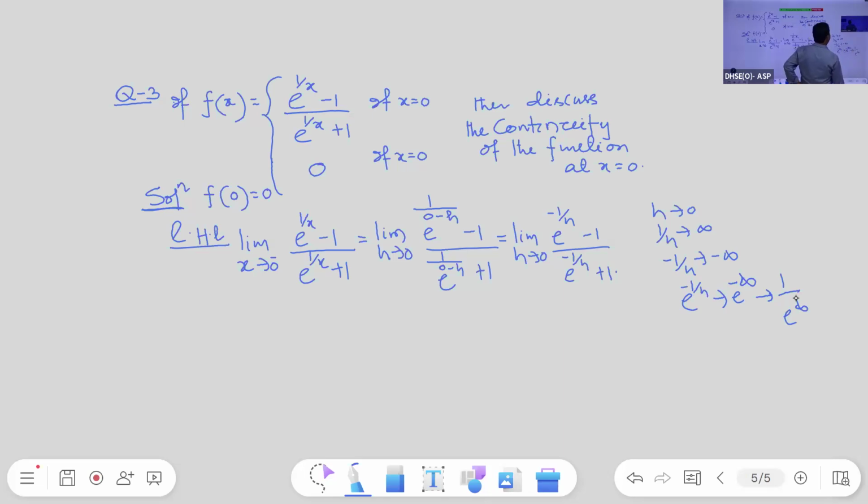You know, the value of e is 2.71828. Okay. So e to the power infinity is infinity. It is a very, very large quantity. 1 upon a very, very large quantity is 0. So when h approaches 0, e raised to the power minus 1 upon h approaches 0. So this limit will be 0 minus 1 upon 0 plus 1. This is equal to minus 1.